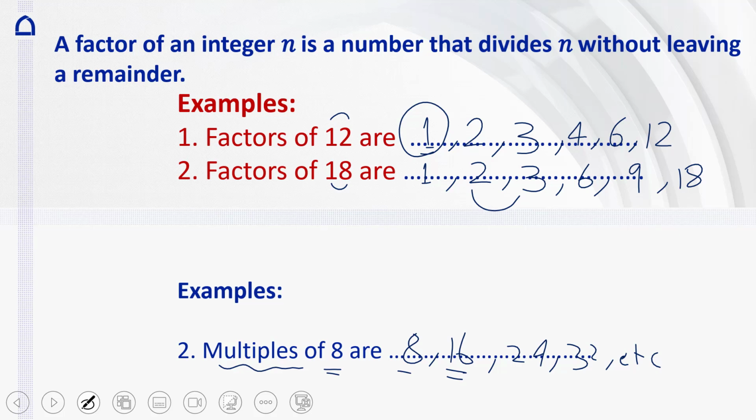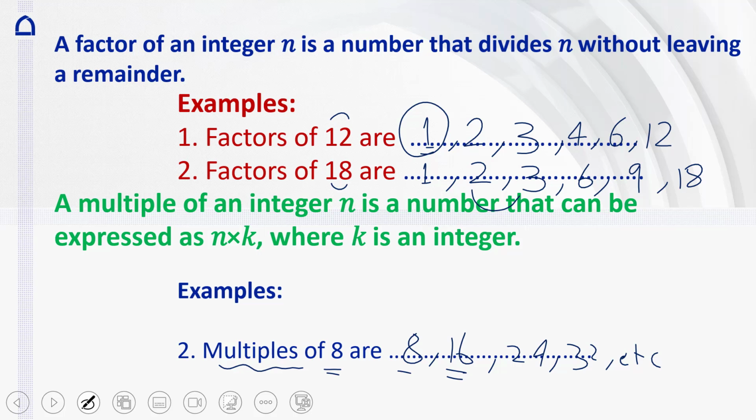Okay. Now, again, the factor is a number dividing the integer without remainder. The multiple is a number after multiplying by any natural number, 1, 2, 3, 4, 5, etc. So you have an infinite number of multiples, but the divisors or the factors are a finite number.